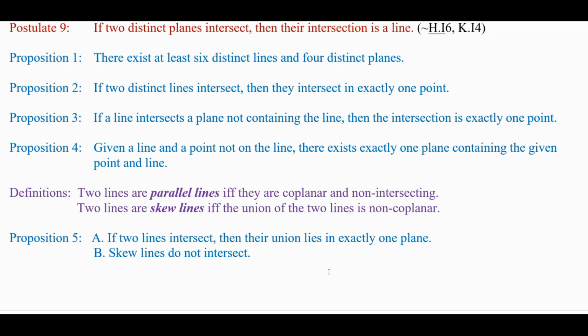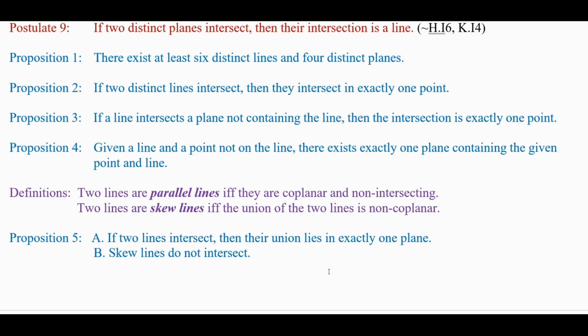Proposition 1 says there exist at least 6 distinct lines and 4 distinct planes. Now, in Euclidean geometry, we actually have infinitely many distinct lines and infinitely many distinct planes, but so far, these postulates only guarantee this much, but they do guarantee this. Of course, we already had up above 4 points.